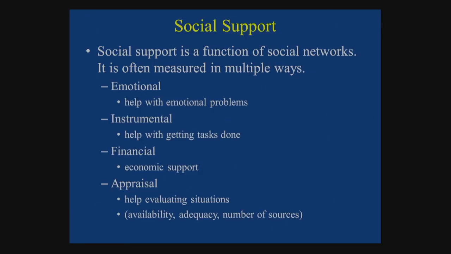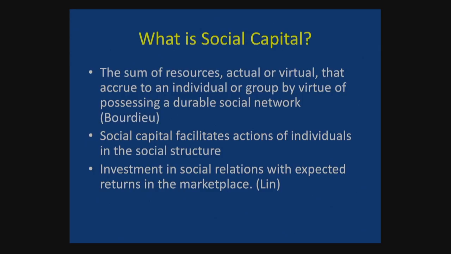And also, these questions are often asked in a number of different ways, like, is anybody available to help with these things? Is it enough? Is it adequate? And who provides? How many people provide this kind of support? So that's about social support.